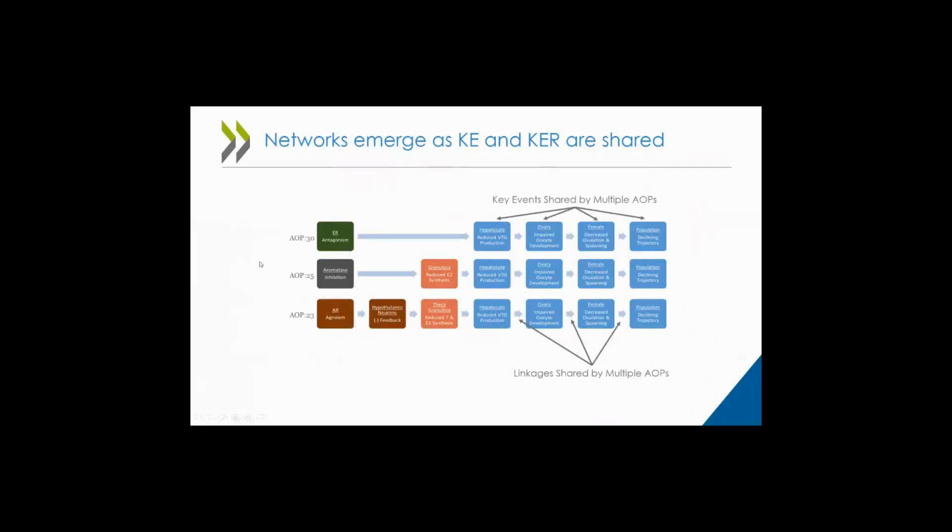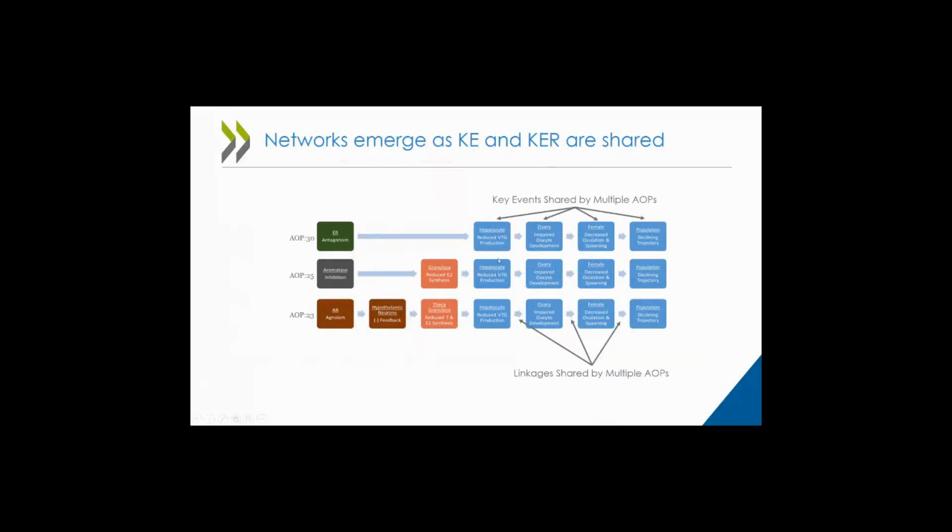All three of these AOPs start out with unique molecular initiating events, and the upstream key events and key event relationships are unique. However, at a certain point, all three of these pathways merge, and they intervene with the same key event here, which is hepatocyte reduced vitellogenin production.